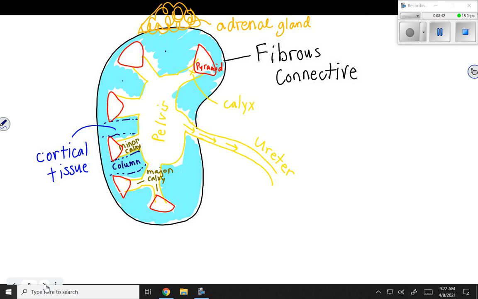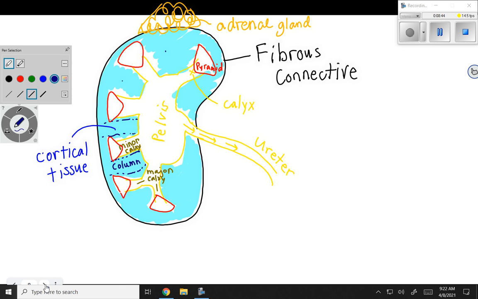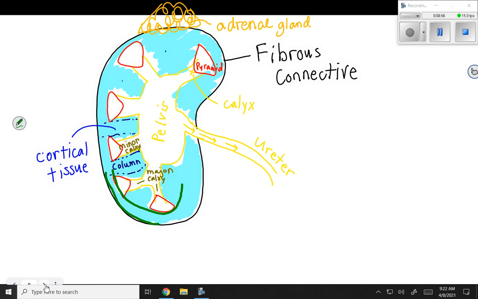And then finally, let's label some regions. This spot from where the renal pyramids end to the fibrous capsule, all of that space in between, is called the renal cortex. Cortex means the outermost layer.